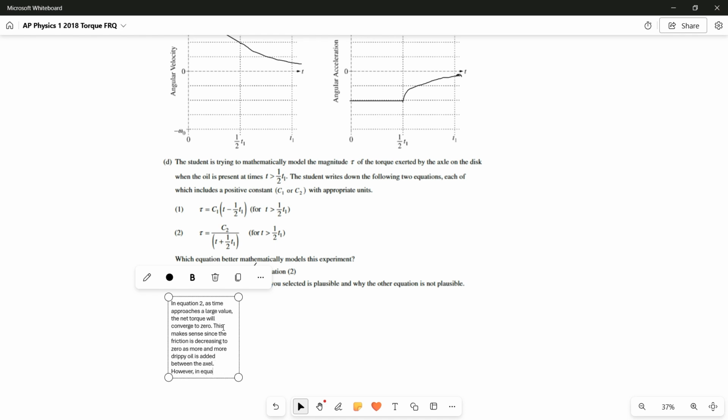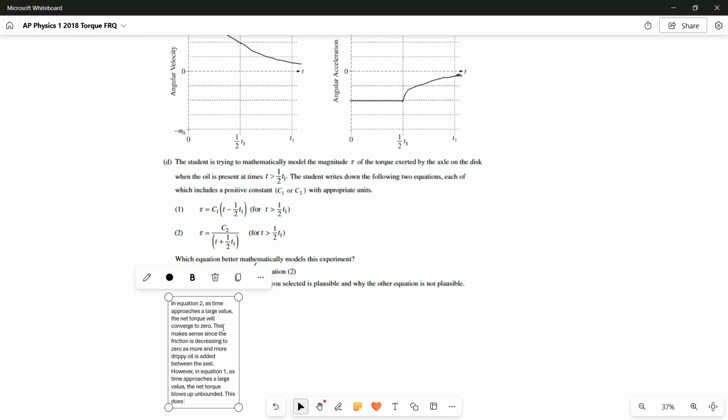However, in equation 1, as time approaches a large value, the net torque blows up into infinity. Or we should say, blows up unchecked or unbounded. A really large value.